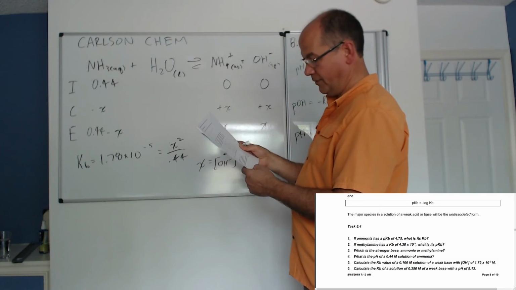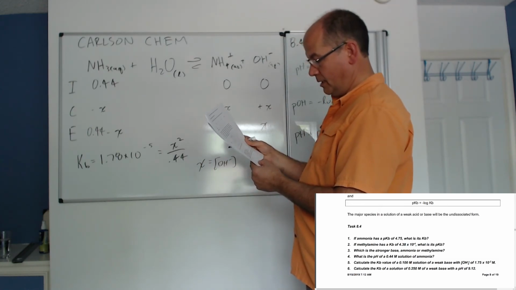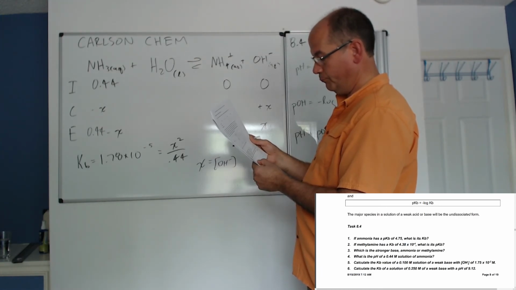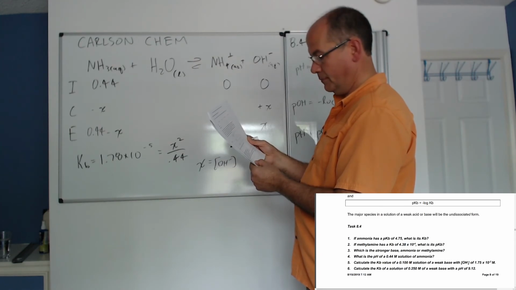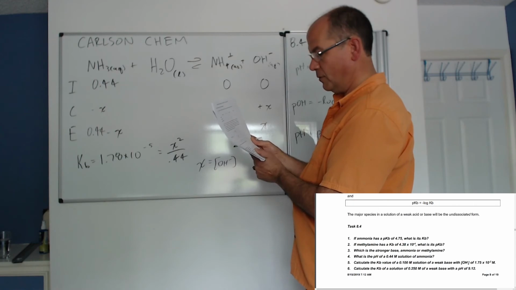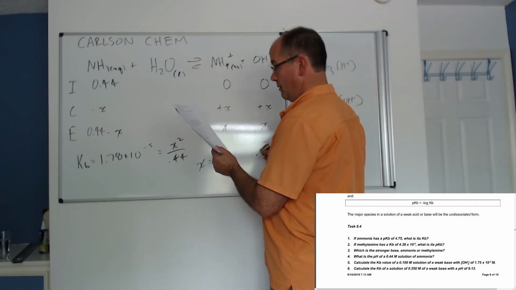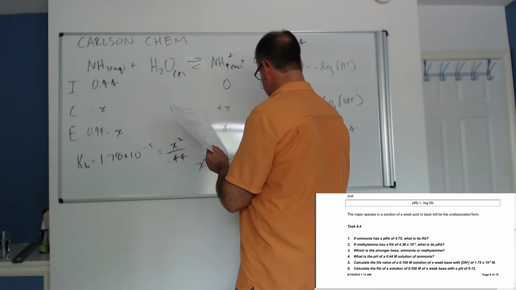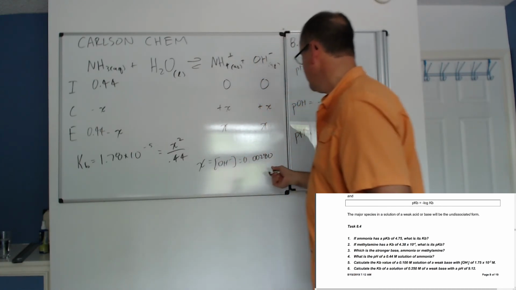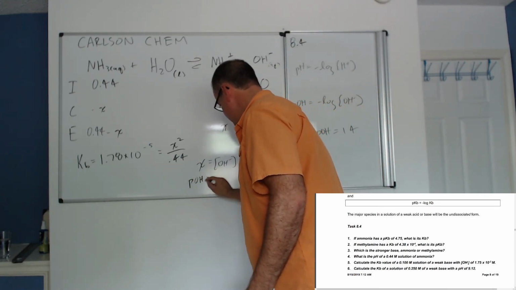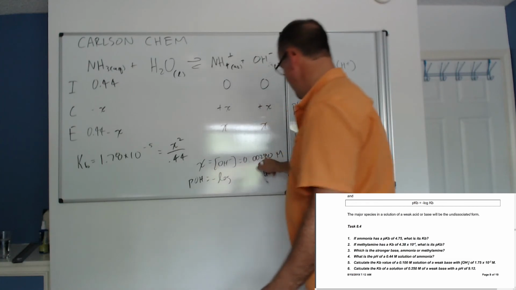When you solve for that, you get, hold on a second here, this is number 4. This OH is 0.00280 molar. So then that means the pOH is the negative log of that.